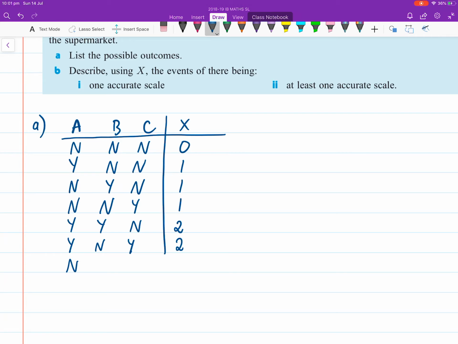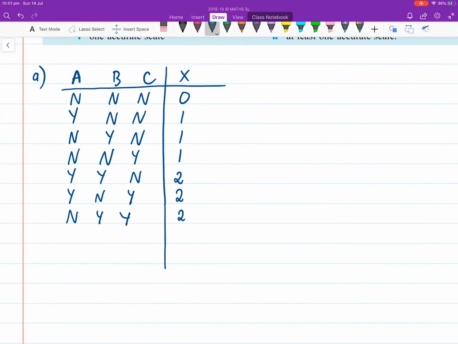And then you could have no, yes, yes, 2. And then that's it, isn't it? Because there are no other places to put it to make it different to these 3. And then we could also have yes, yes, yes, all 3 accurate. And so then we've got 3.